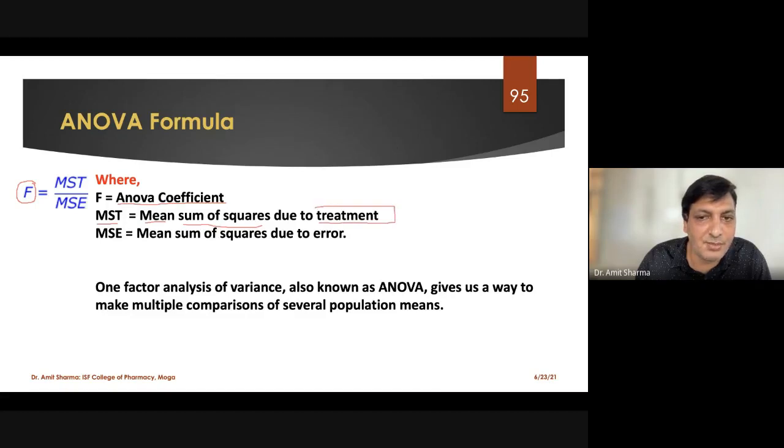Now, what is the treatment mean and what is the error mean? This we are going to discuss. So F is equal to MST divided by MSE. MS stands for mean of sum of squares; we call it mean sum of squares.